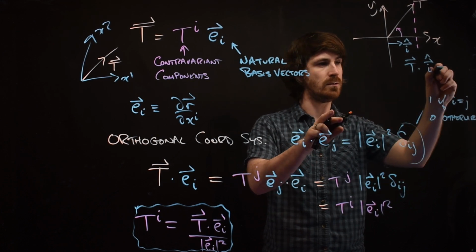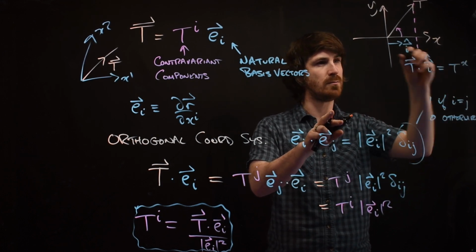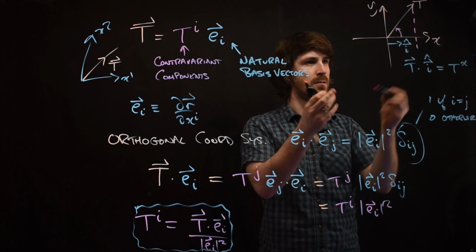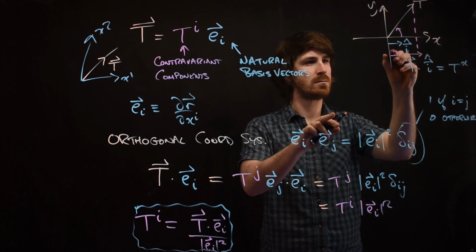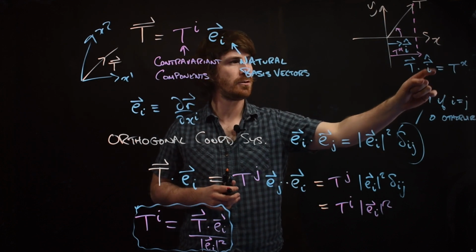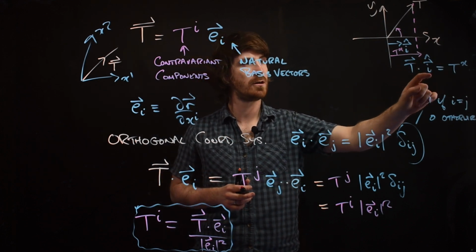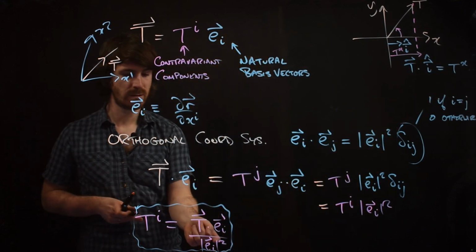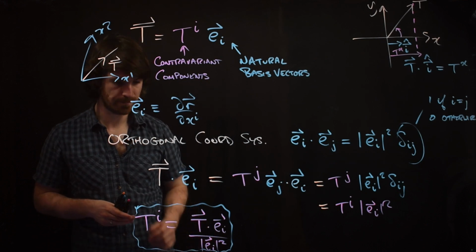Okay, that equals t_x, the component in the x direction. So in this case, our natural basis vectors are unit vectors, so this denominator is just 1.